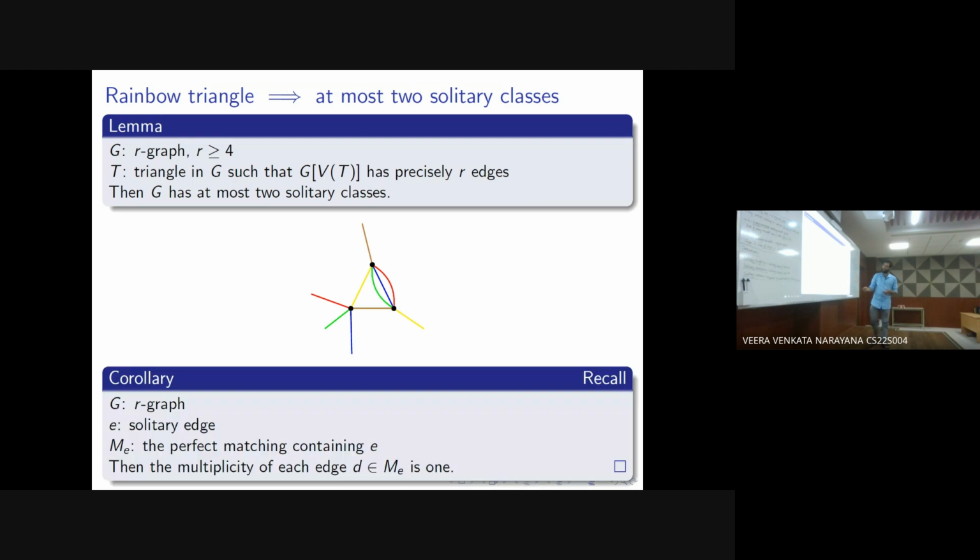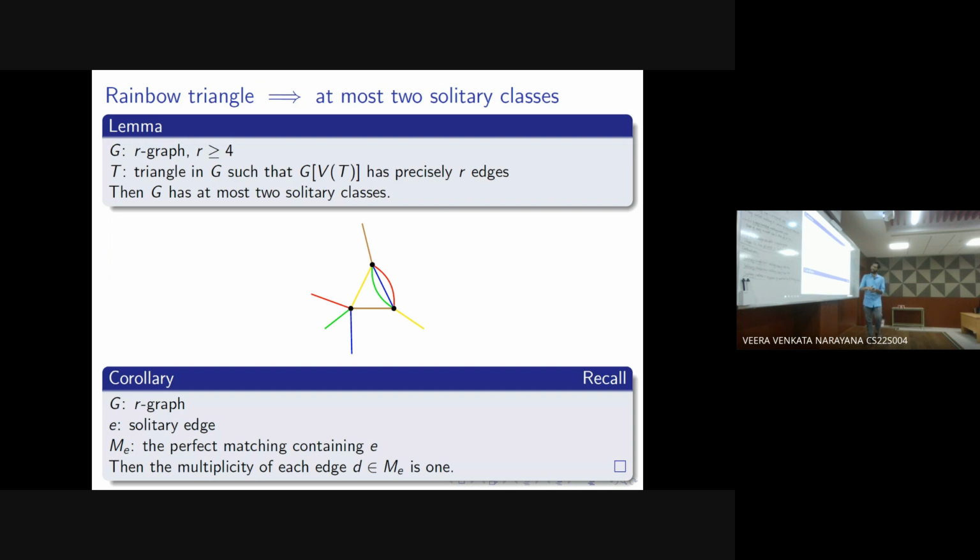So therefore, by using this corollary, just recall the corollary. If we take the unique perfect matching containing a solitary edge, then the multiplicity of each edge in that perfect matching is exactly 1. So here, the moment r is at least 4, we can have at most 2 simple edges. Therefore, by this corollary, at most 2 solitary classes.